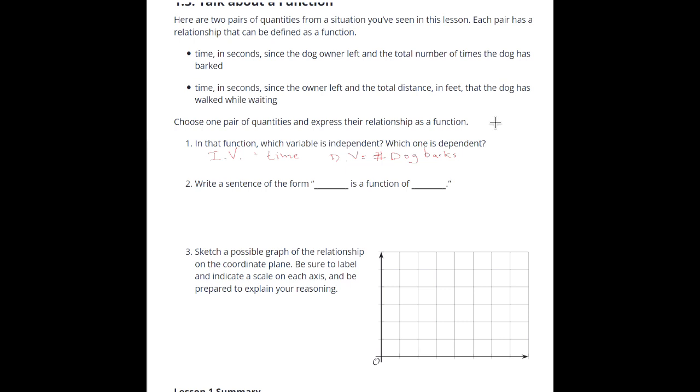Okay, so what we can put here is: the total number of times the dog has barked is a function of the time in seconds since the owner left.